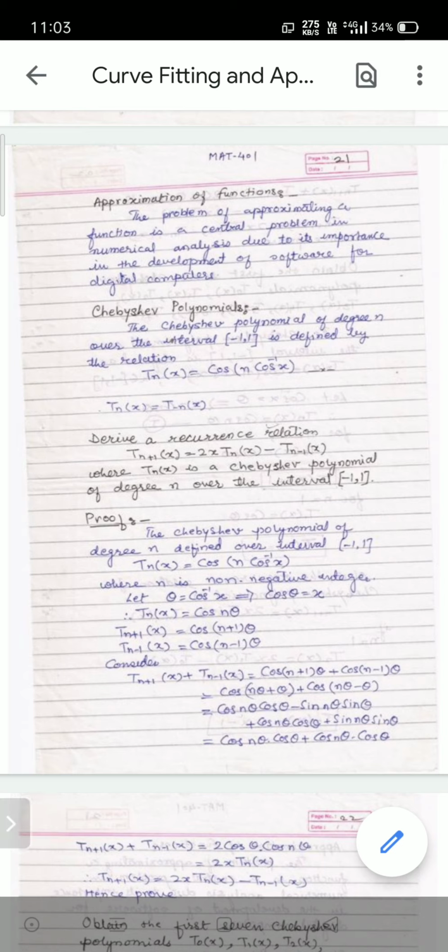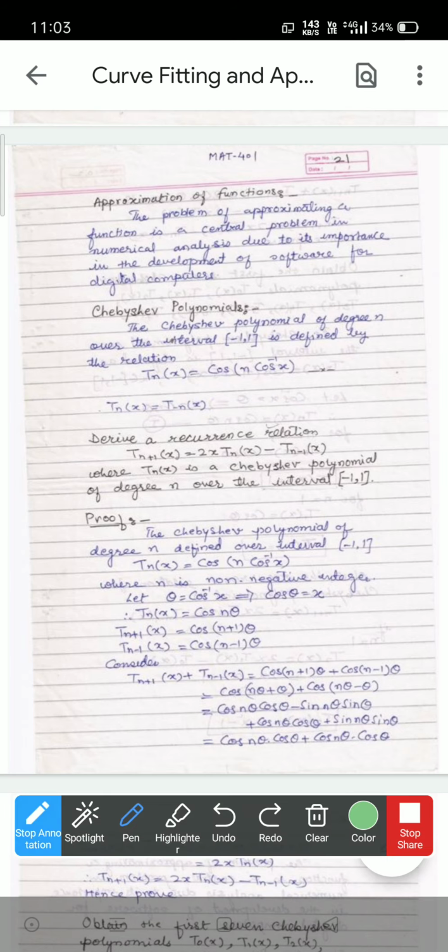Today we will revise the definition of Chebyshev polynomial, which is the Chebyshev polynomial of degree n over the interval minus 1 to 1 is defined by the relation Tn of x is equal to cos of n cos inverse of x, and Tn of x is equal to T minus n of x.